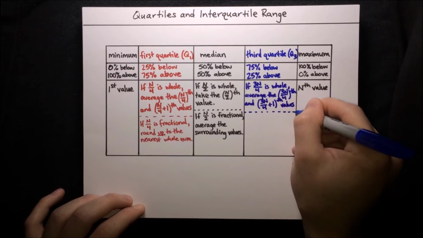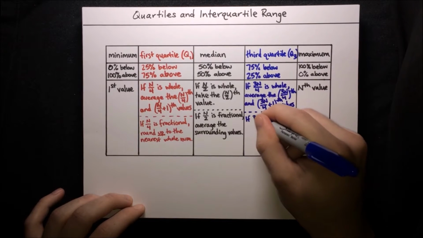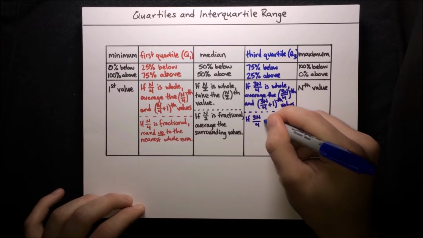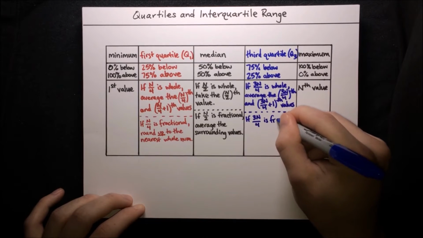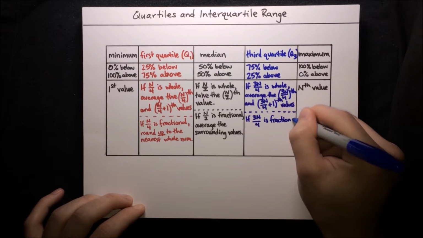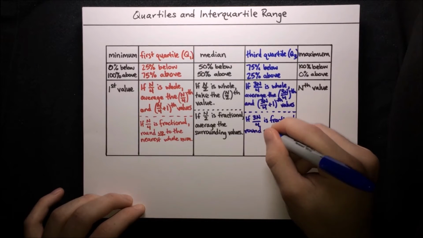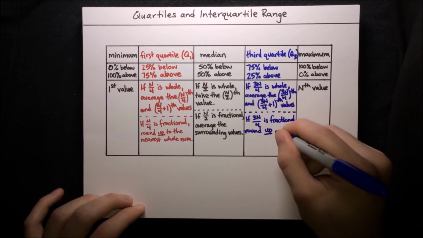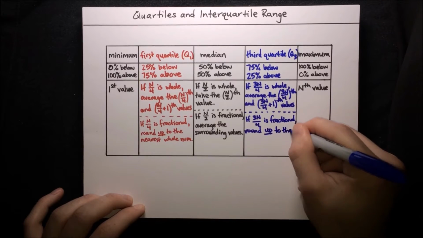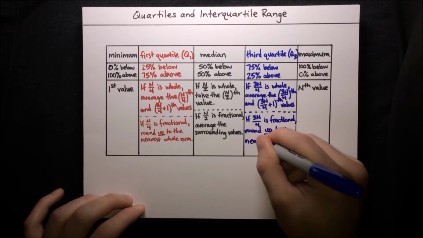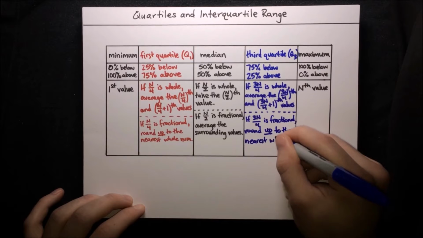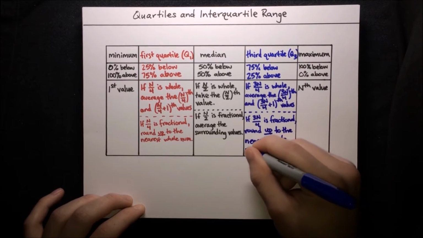Otherwise, if 3n over 4 is fractional, then round up to the nearest whole number.